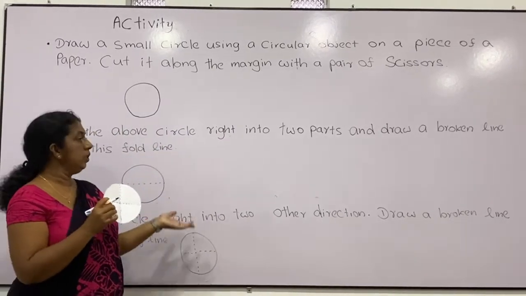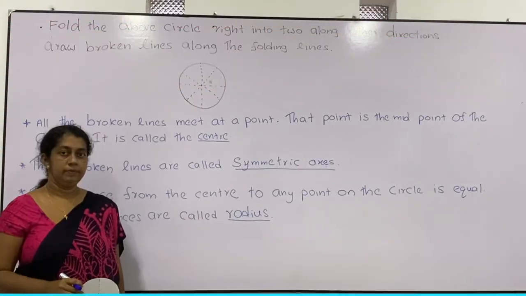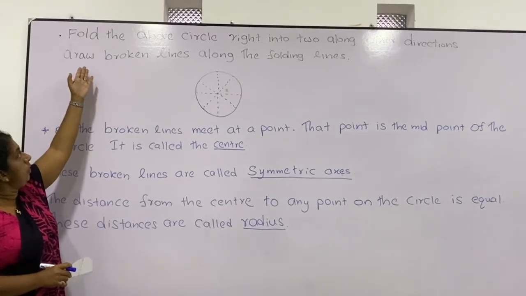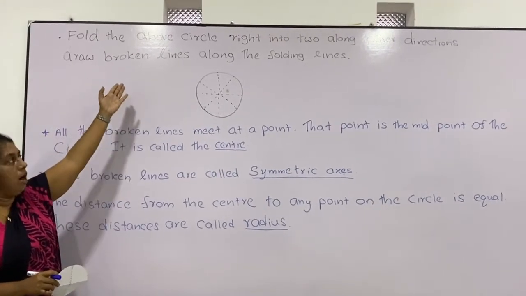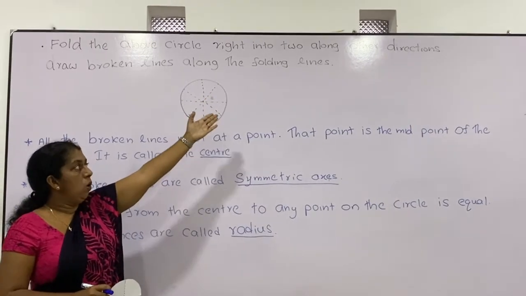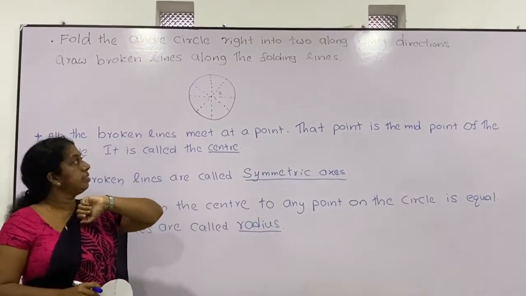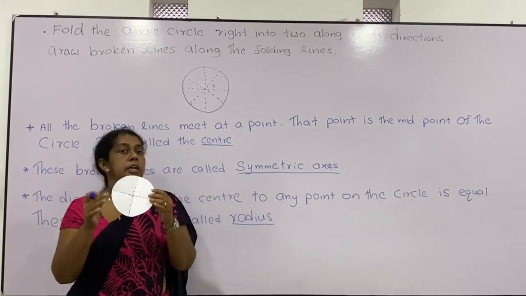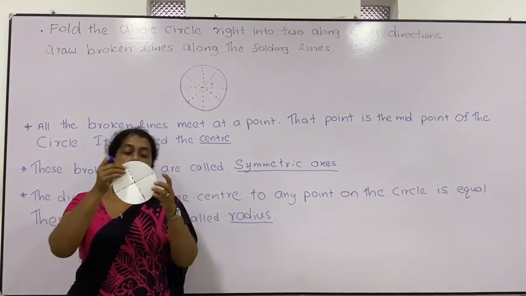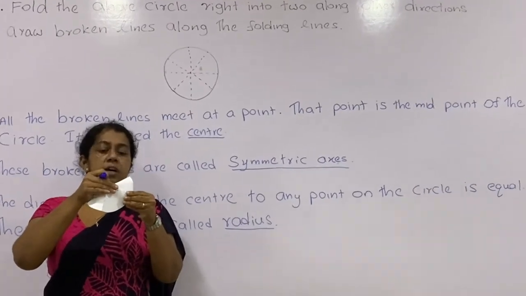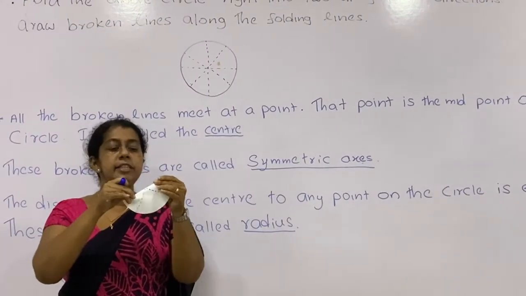Now, let us go to the next step. Right? So, next step, look here. Fold the circle into two along other directions. That means now we have folded this circle in two directions. You can use another direction. You can fold this along another direction this way.